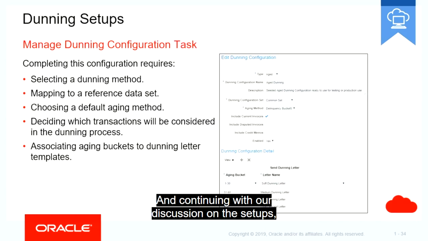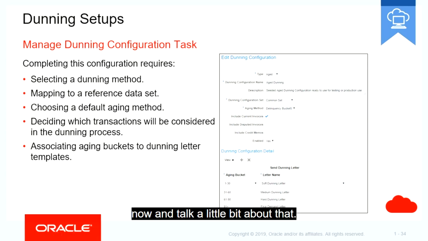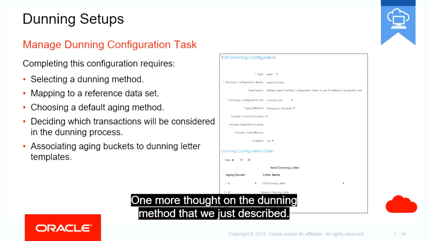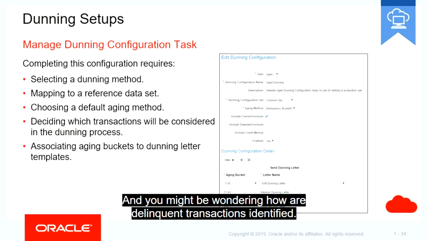And continuing with our discussion on the setups, we'd like to talk about the dunning configuration task. So I'm going to return to the functional setup manager now and talk a little bit about that. One more thought on the dunning methods that we just described: you might be wondering how delinquent transactions are identified.